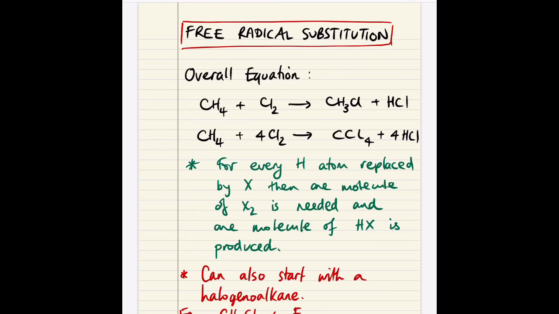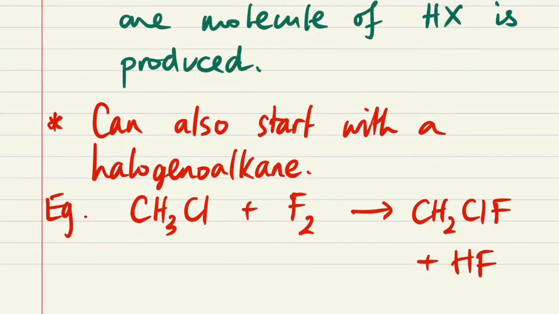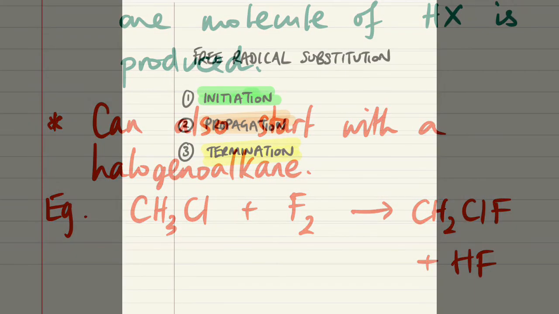Just be aware that that's a possibility. Such as in this example here, where we started with the chloromethane reacting with fluorine, so you can see that our product there contains the fluorine and also the original chlorine that we had.